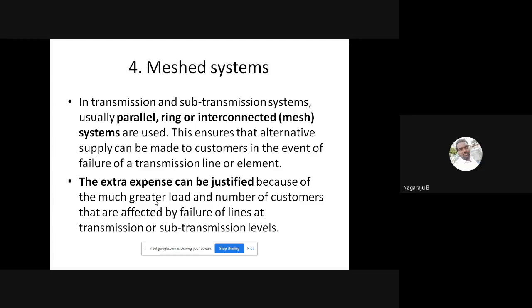This ensures that an alternative supply can be made to consumers in the event of failure of a transmission line or element. The extra expense can be justified because of the much greater load and number of customers affected by failures of lines at transmission or sub-transmission level.